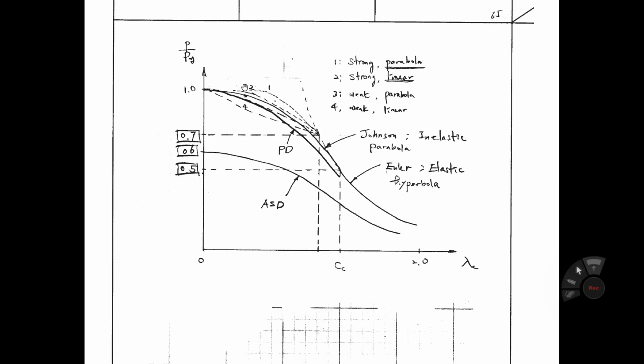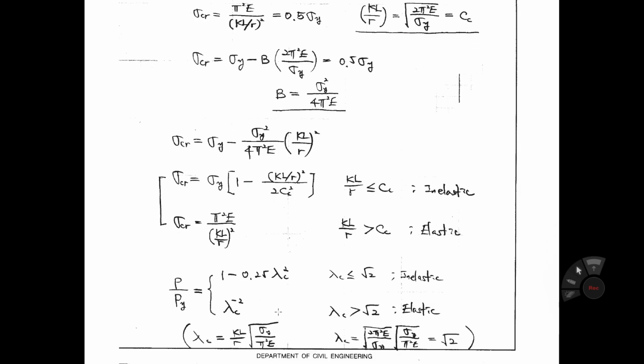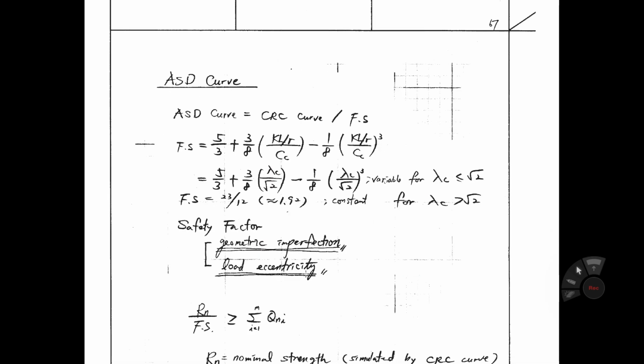From here to the right-hand side is Euler buckling stress. That is the CRC column curve equation. If we express it using lambda c, the slenderness parameter, and use this relationship, then you can write down this equation from here to here, and from here to here. That is the CRC column curve.